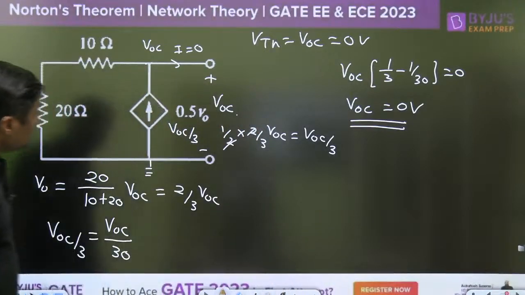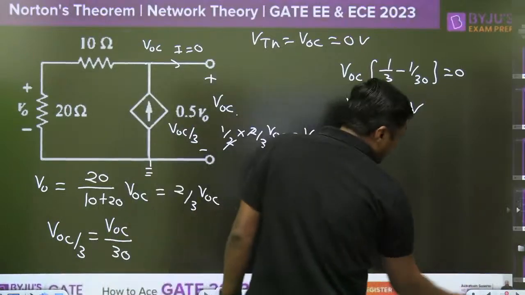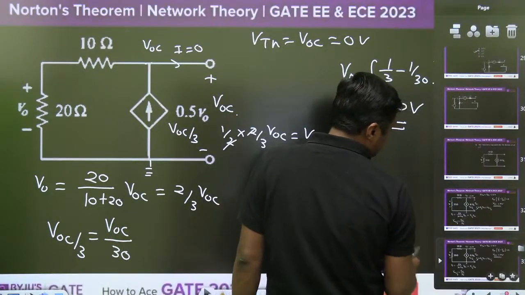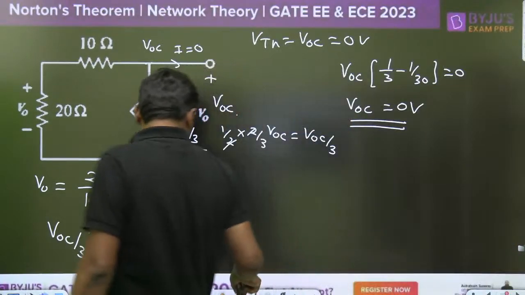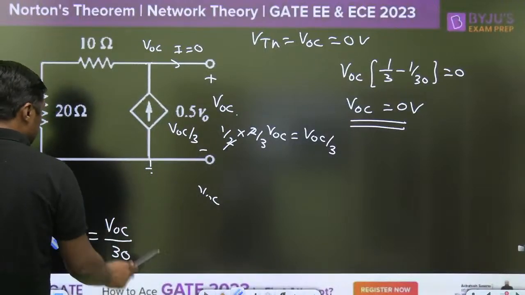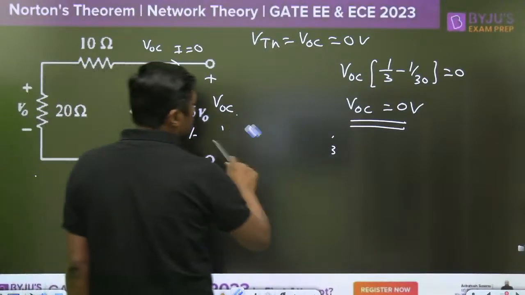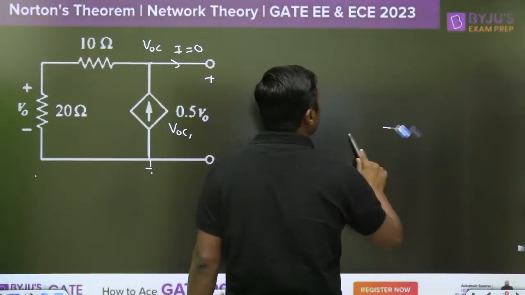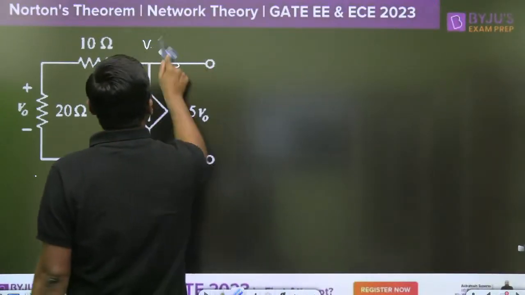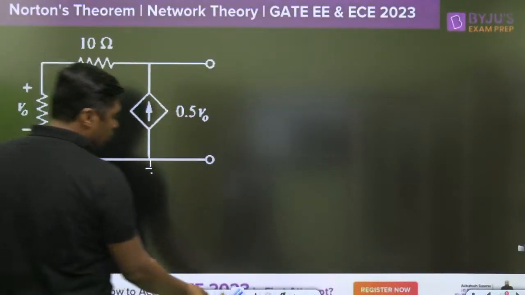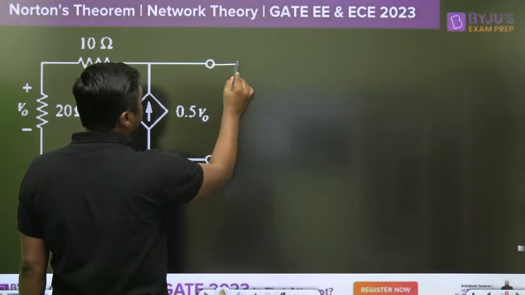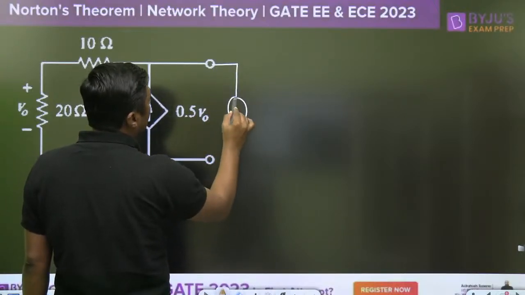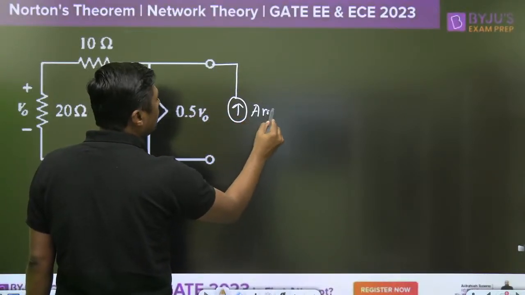But to calculate the resistance, yes, to calculate the resistance, again you can apply a 1 ampere current source or a 1 volt battery.